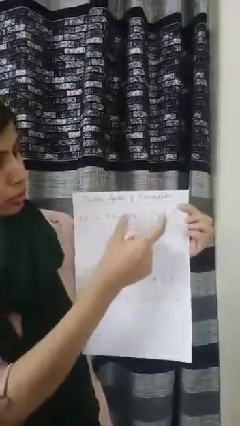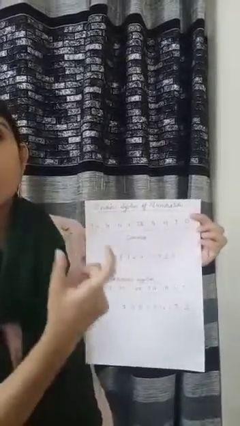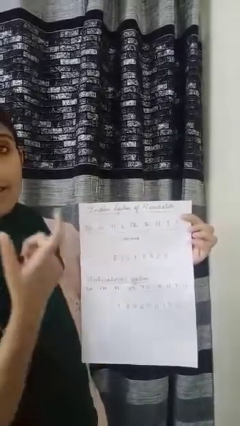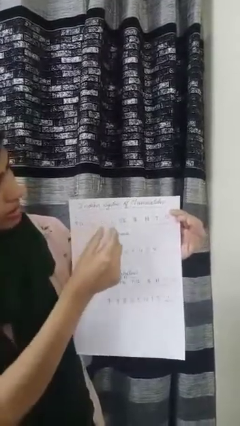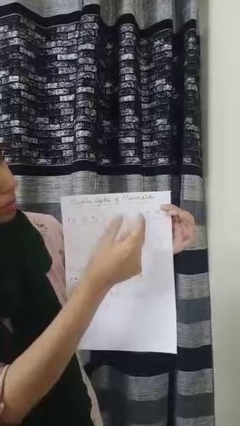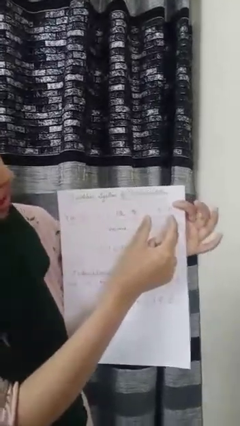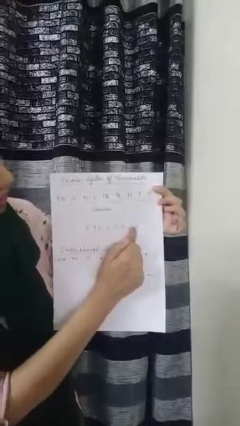The next important thing is to put the comma. Where should we put the comma while we write a number? We put the comma according to the family. It is a method of placing the comma. This is the crore family, this is the lakh family, this is the 1,000 family, and all these three are placed in one family. Like we have a number over here.